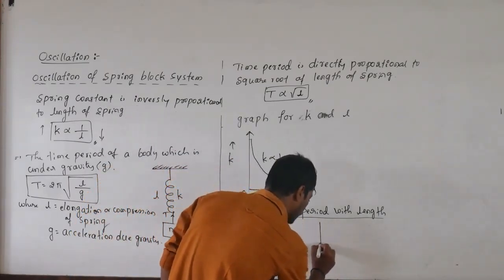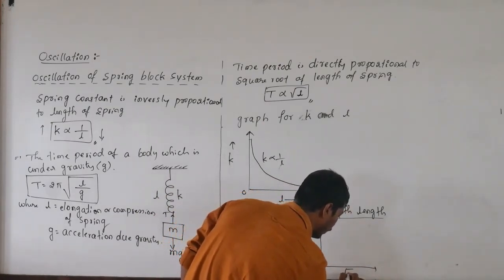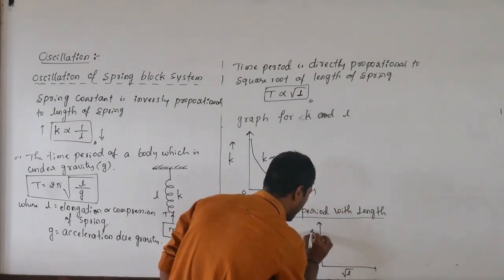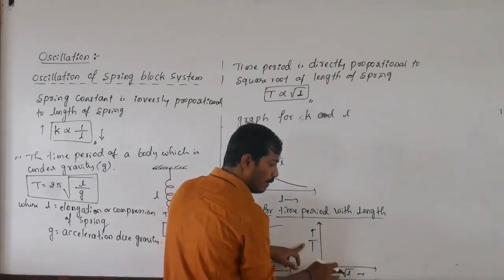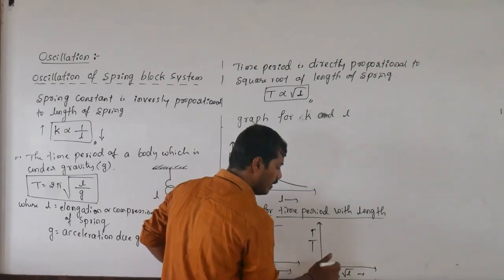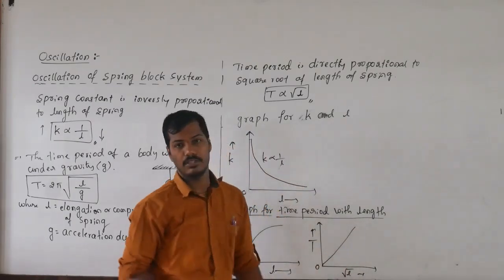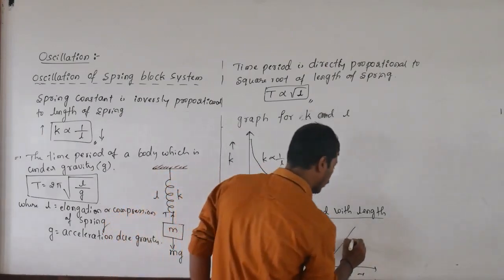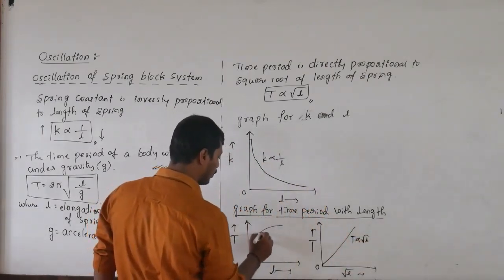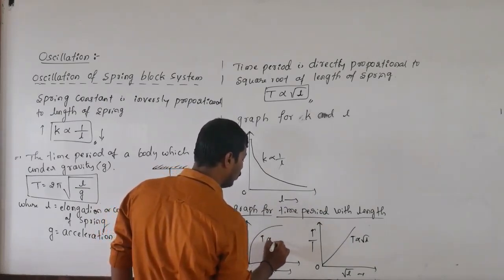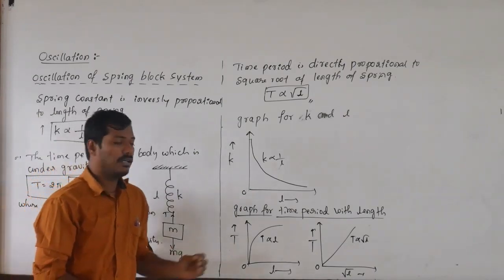And if you draw the graph for the time period and the square root of length, these two are directly proportional, linearly. So this is a graph for the time period and the square root of length. This is a graph for the time period is directly proportional to square root of length. This is a graph for the time period is proportional to only length. Okay? Yes, these are the graphs of that.